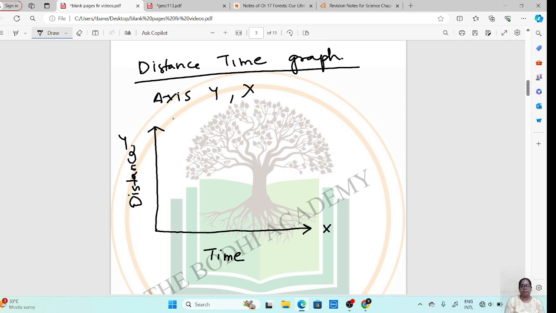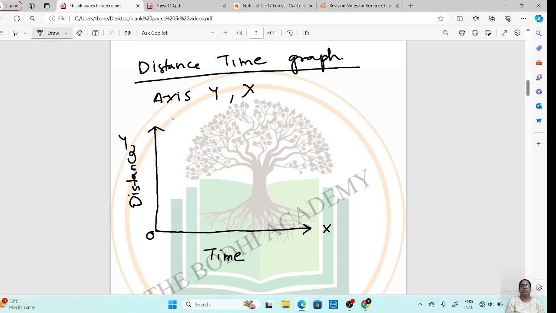So this is the first step wherein we have to draw the axis. Then we have to name the axis as in which axis will represent what. And here it is the origin of the axis, that is O, or we write it as 0.